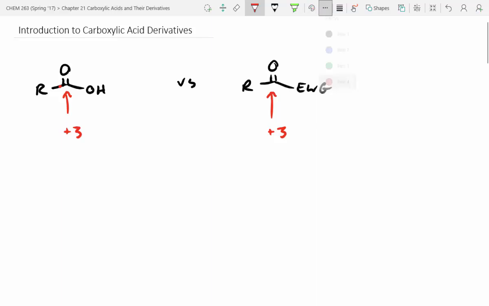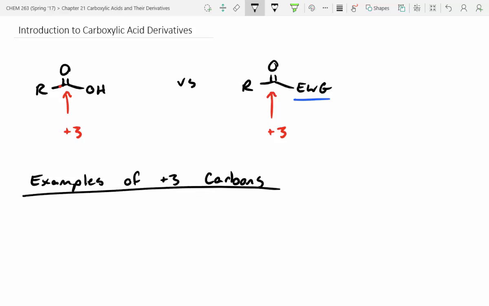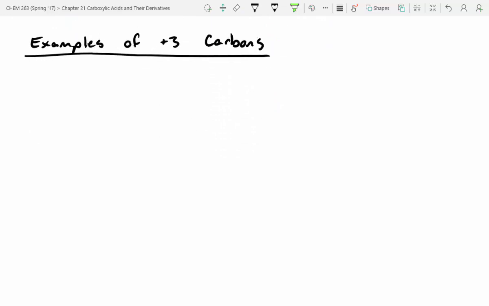But let's take a look at the various electron withdrawing groups that would fall into this category. +3 carbons. Okay, so the first one that we've got is an acid halide.